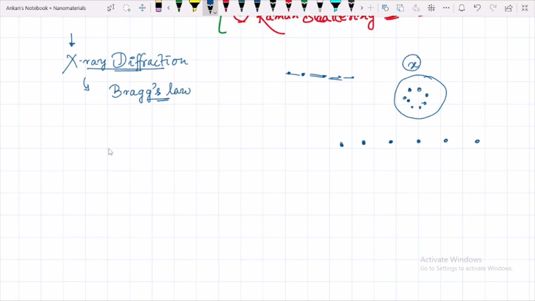Okay, so if we consider the arrangement of lattice points like this, these are the lattice planes.